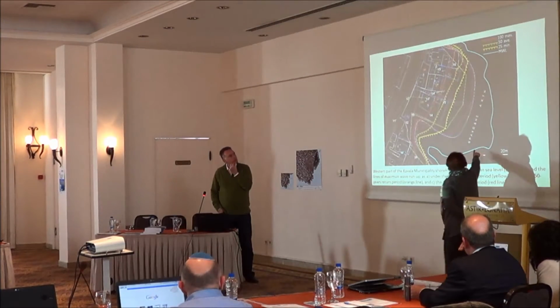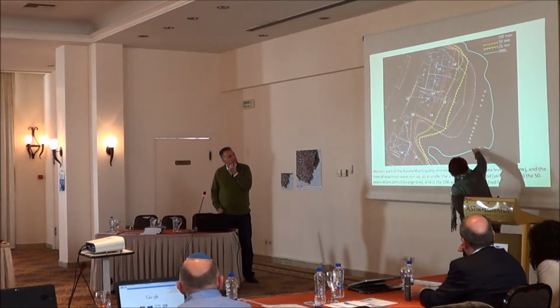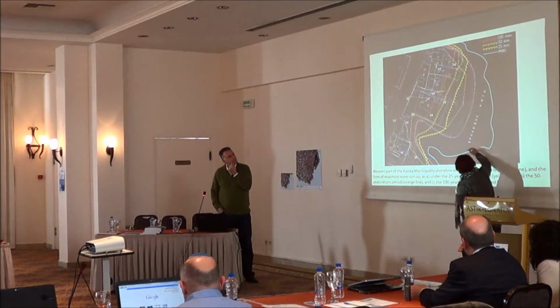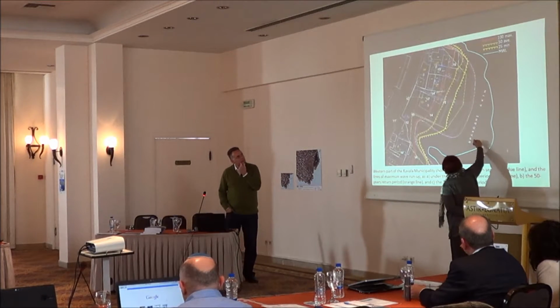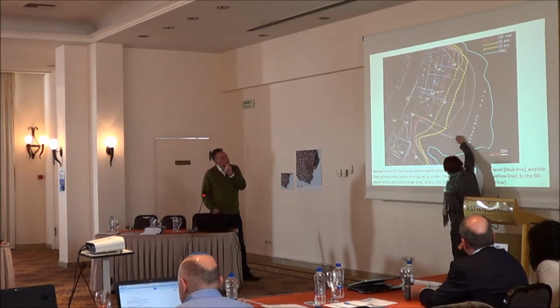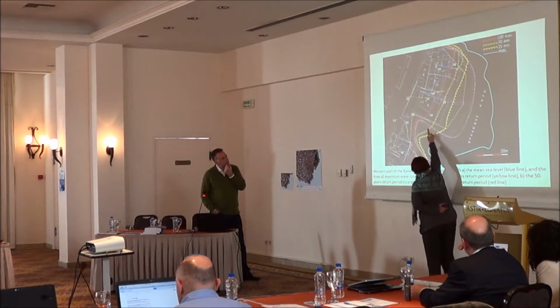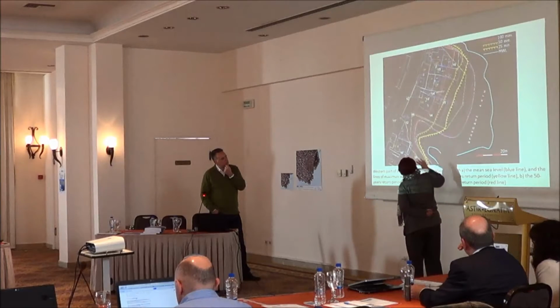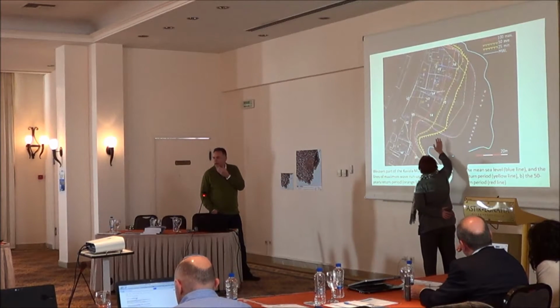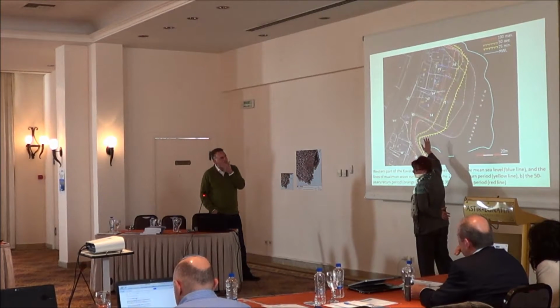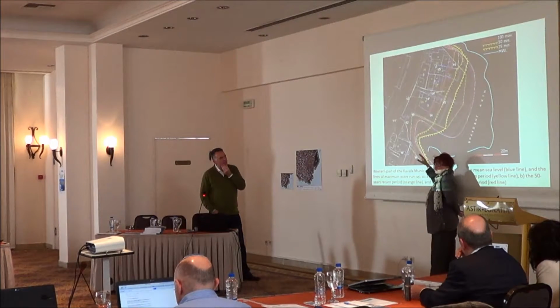This is the mean sea line, but actually the sea line is here. But this is out of the model when we calculate. In 25 years it says the sea will be here, and here in 50 and 100 years. What's on the ground there? On the ground there are houses.